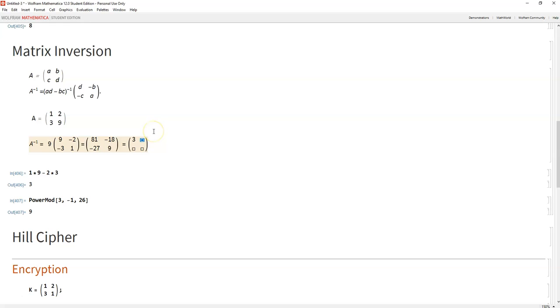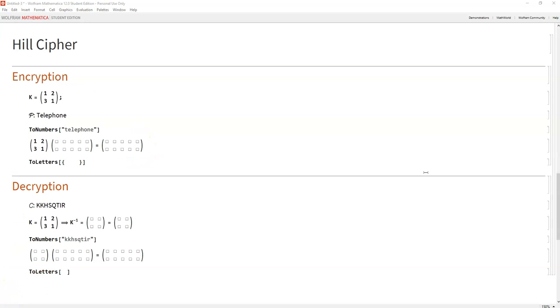If I take negative 18 and add 26, I get 8. Negative 27, add 52 to that, gets me 25, and 9 stays alone. Okay, so this would be my inverse.